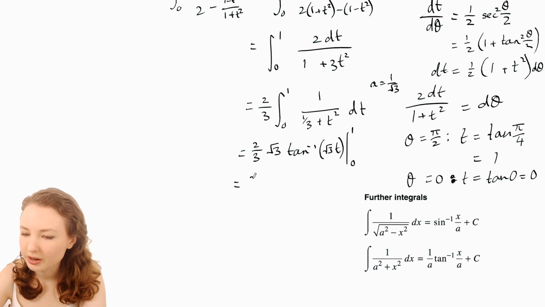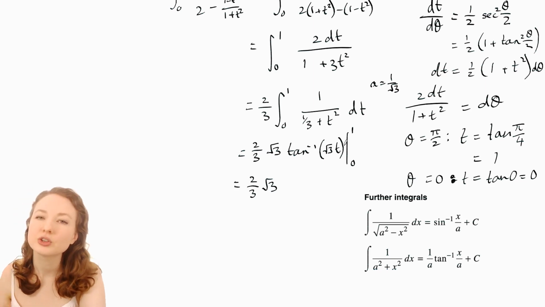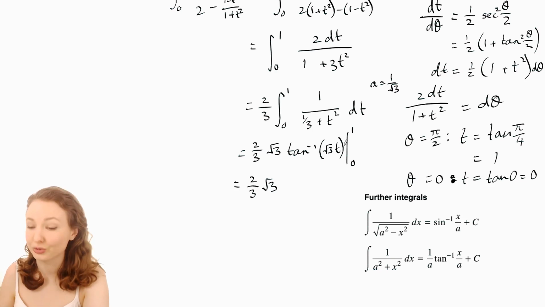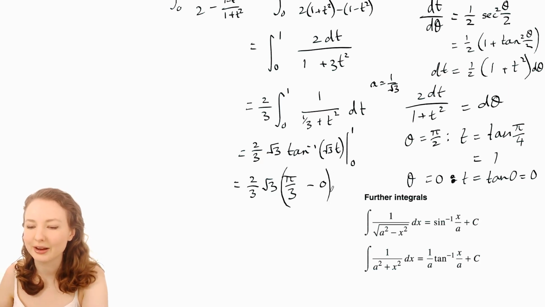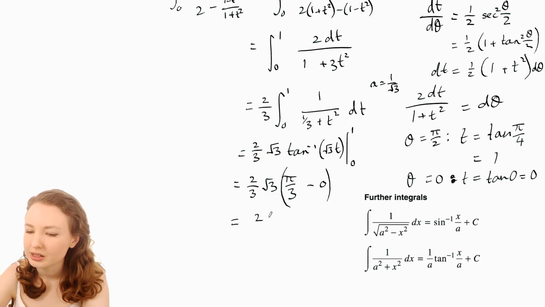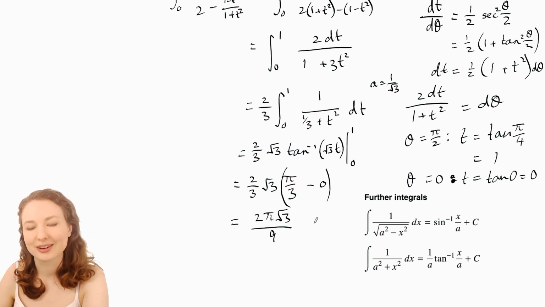So we've got 2/3 root 3 times arctan of root 3 times 1. So arctan of root 3 is 60 degrees, which is pi on 3, since we're working in radians. And then when you plug in the 0, you just get 0. So you can put that in if you like. And then we just need to simplify that, so we've got 2 pi root 3 over 9. That's the answer to that one.